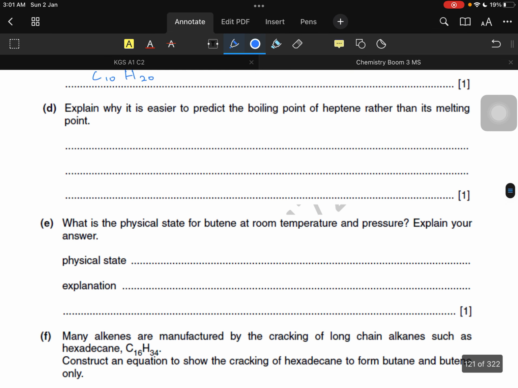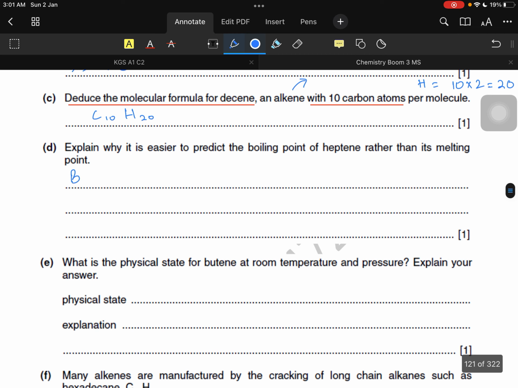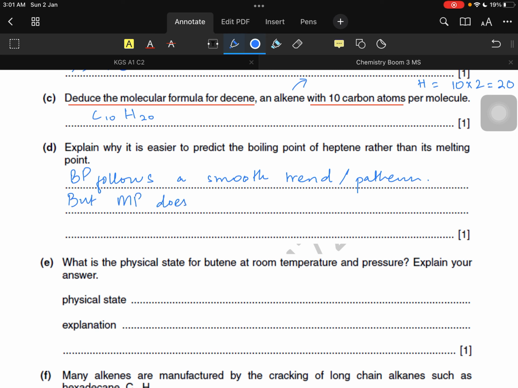So the idea is that boiling point follows a smooth trend and a pattern, but melting point does not seem to be following a proper smooth trend.